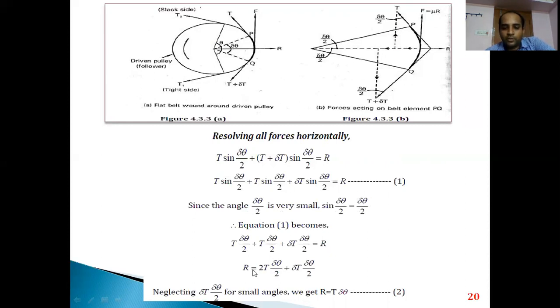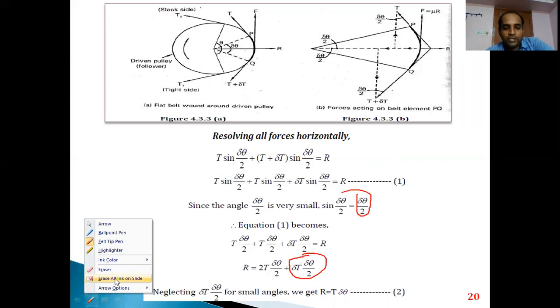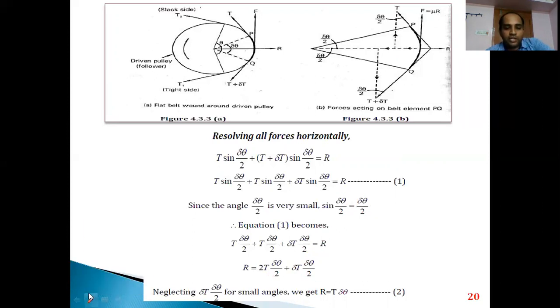Again, with this delta theta by 2, if we include delta T, it becomes still smaller, which means the term delta T into delta theta by 2 is very small compared to the other term. As a result, we neglect this term, and the resulting equation is R is equal to T delta theta, as per equation number 2.